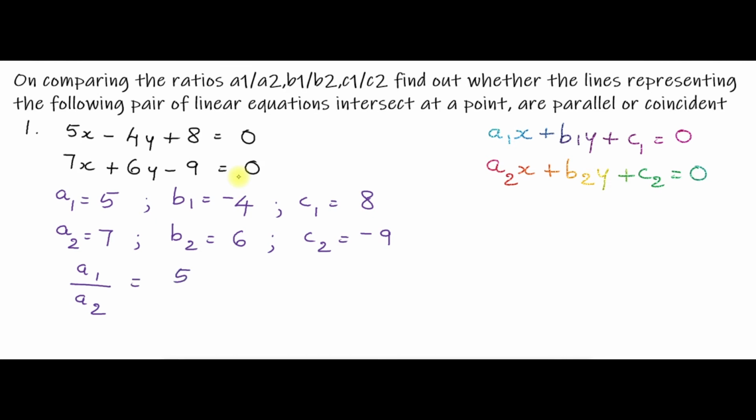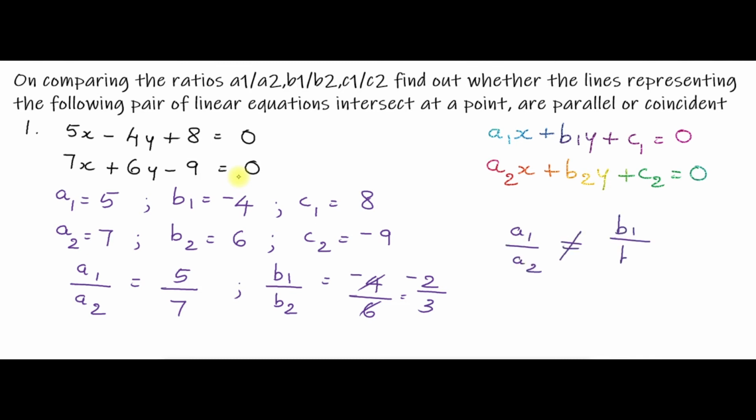Now you have to compare. a1 by a2 is equal to 5 by 7. b1 by b2 is equal to minus 4 by 6, which can be reduced to minus 2 by 3. So, a1 by a2 is not equal to b1 by b2.